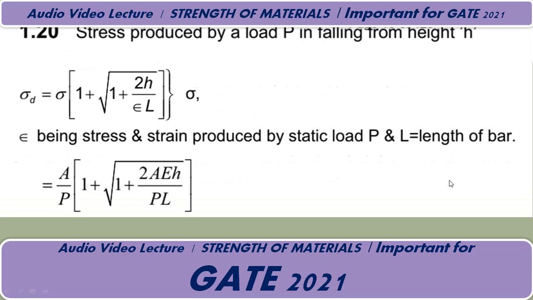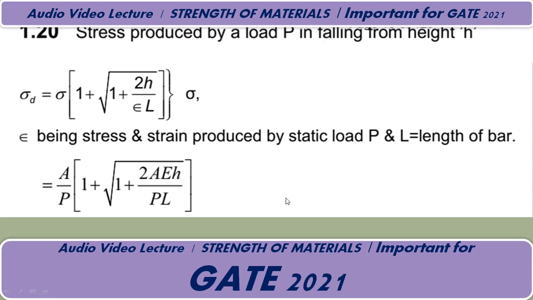Now stress produced by load P falling from height h: sigma d is equal to sigma times bracket 1 plus square root of 1 plus 2h divided by epsilon L, where sigma is the normal stress and epsilon is the strain produced by static load P. The strain epsilon is equal to P divided by A times bracket 1 plus square root of 1 plus 2AEh divided by PL.